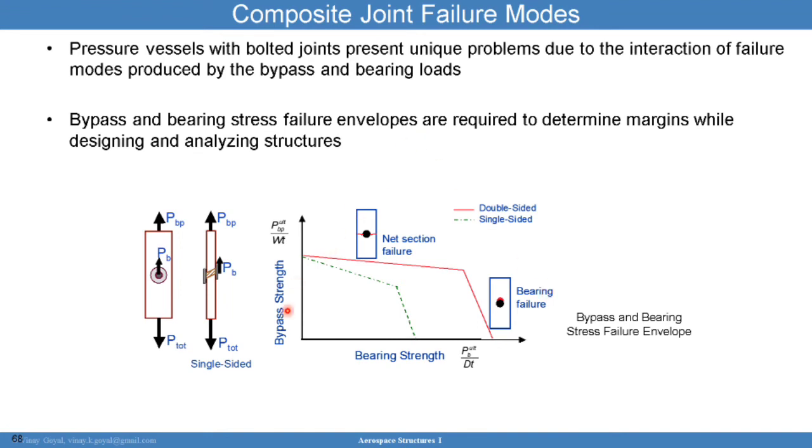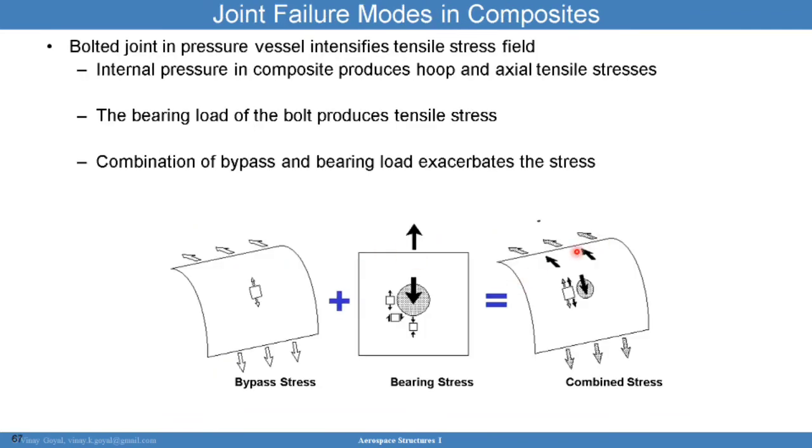And so here I have an example of bypass strength versus bearing strength. And here what you see is what's going to happen when I have a bypass strength failure dominated event. So when I have low bearing stress and I have high loading in the skin, so the skin behavior is dominating, the bearing loading is small.